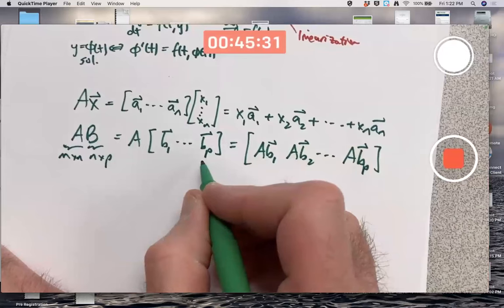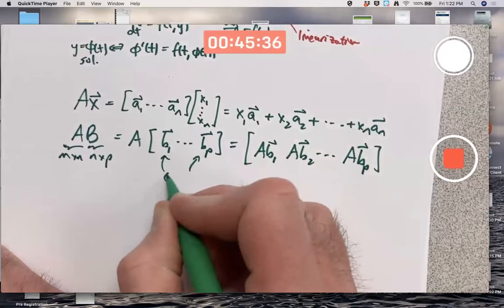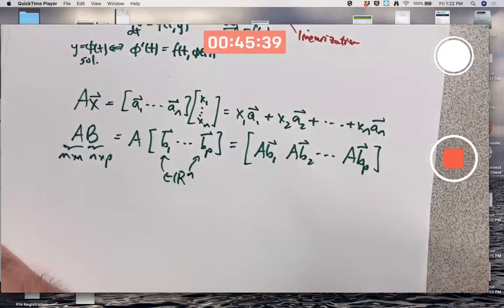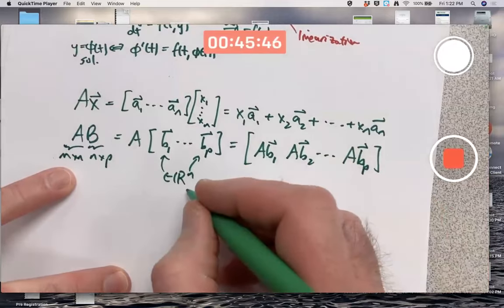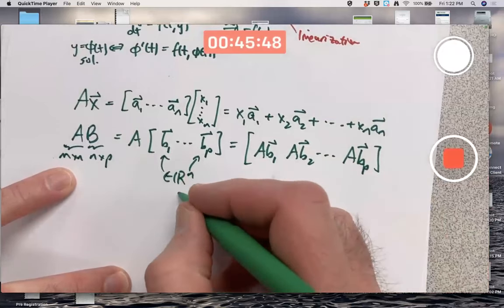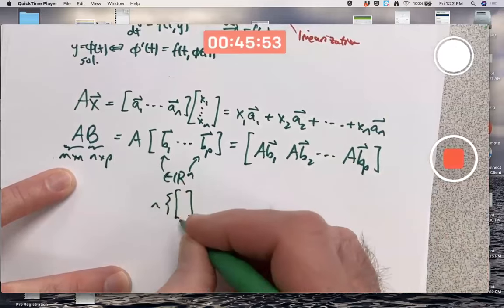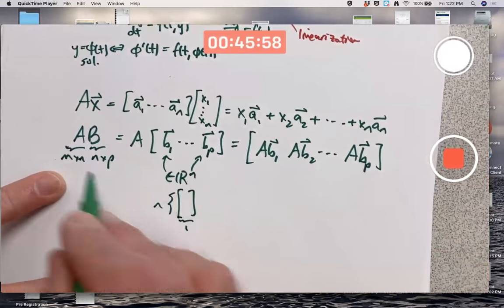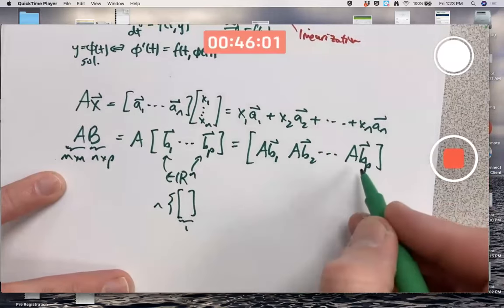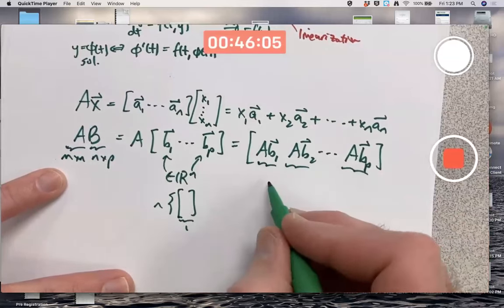There's p columns in B, but since B has n rows, these are all vectors in Rn. And therefore, A can be multiplied by them, because as vectors in Rn, we would represent them as n by 1 column vectors. A has n columns, so you can do the multiplication and get these vectors. And each of these is an m-dimensional vector.